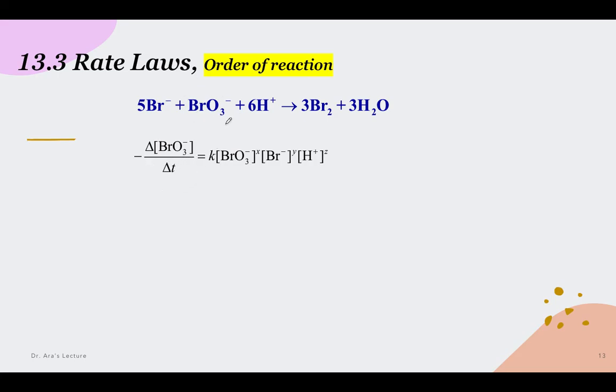So with respect to BrO3, how can we write the rate equation? It equals k times the concentration of BrO3 to the power x, Br to the power y, and hydrogen ion to the power z. In the case of rate law, we are not going to consider the coefficients, so please remember.